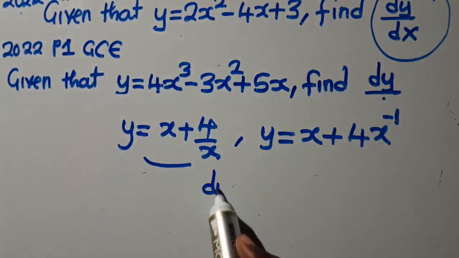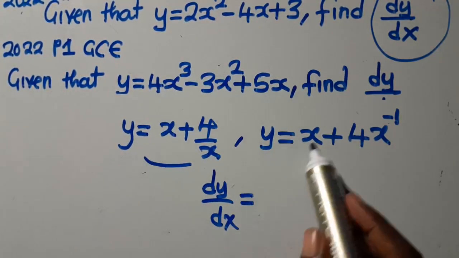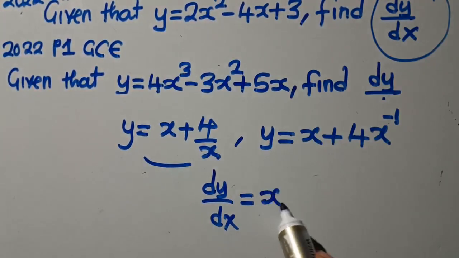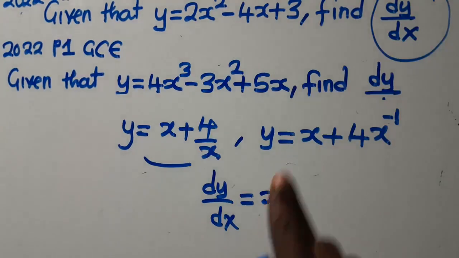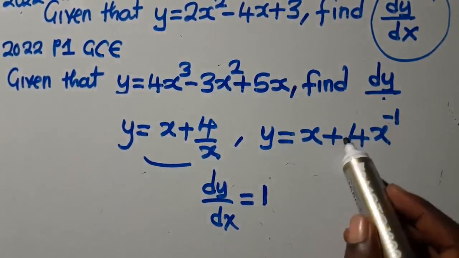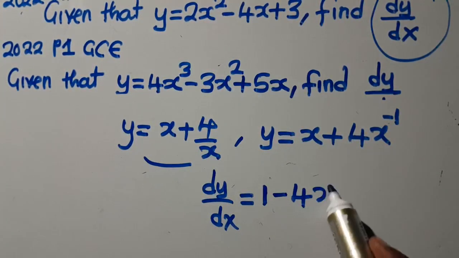So I say dy/dx is equal to, differentiation of x is 1, because I'm going to have x power 0. 1 minus 1, x power 0, which is just the same as 1. So I put a 1 here. Then negative 1 times 4, you get negative 4. X maintains.